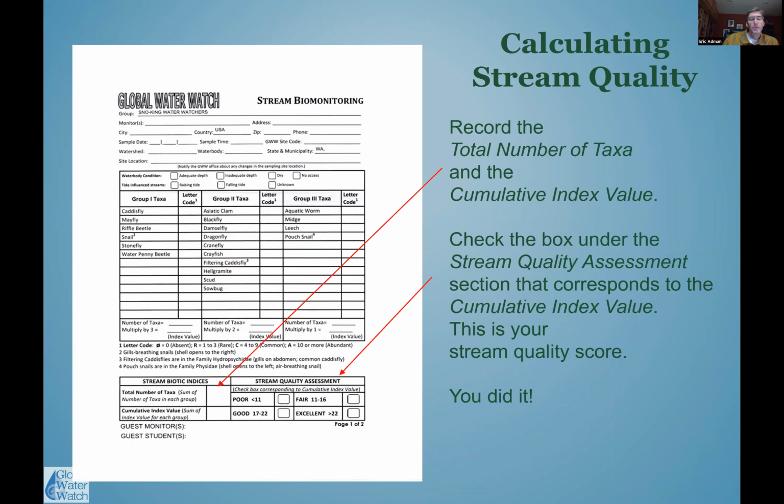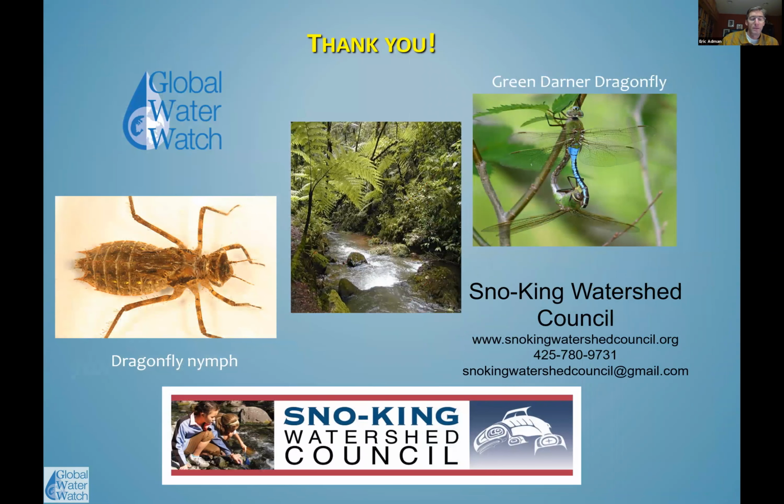Then you add up your index values and your taxa, and the stream quality assessment is going to be based on your cumulative index value. And that is pretty much the process.